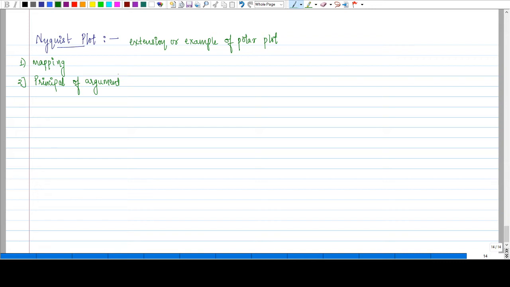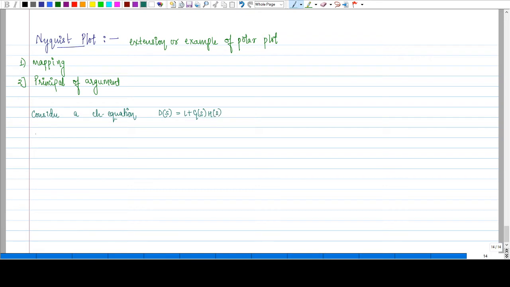For that, consider a characteristic equation, D of S is equal to 1 plus G of S into H of S. This is a characteristic equation.